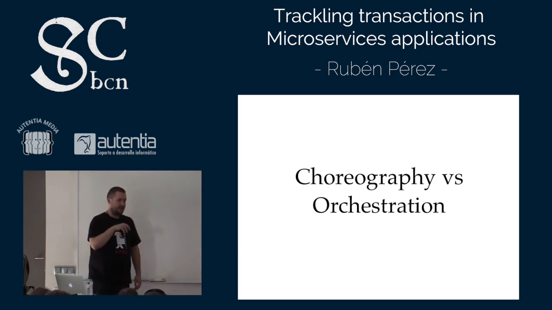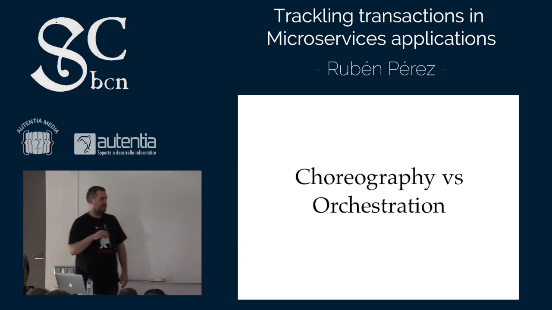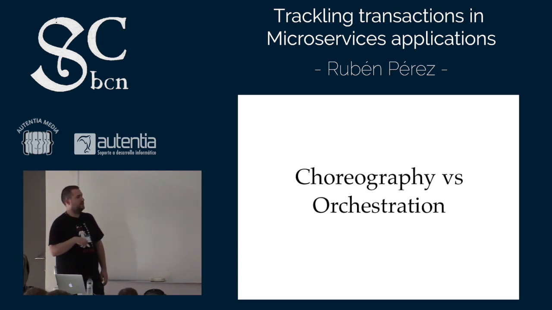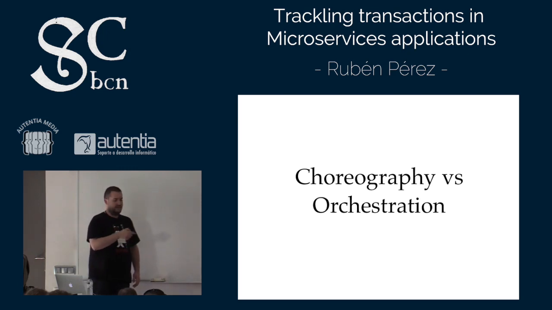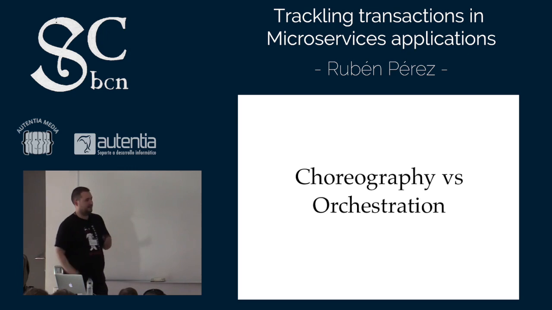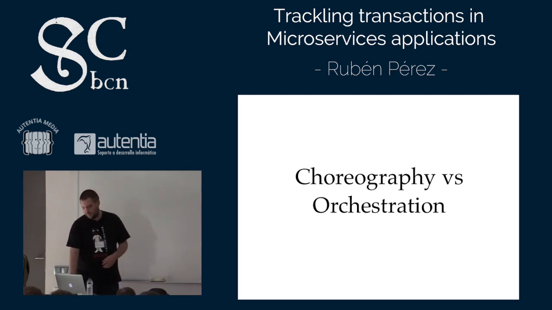And with choreography, you don't have any central component for pretty much anything. And it's usually message-driven, and it usually has some kind of hidden rules, because somehow you have to still complete flows, but without a central component.